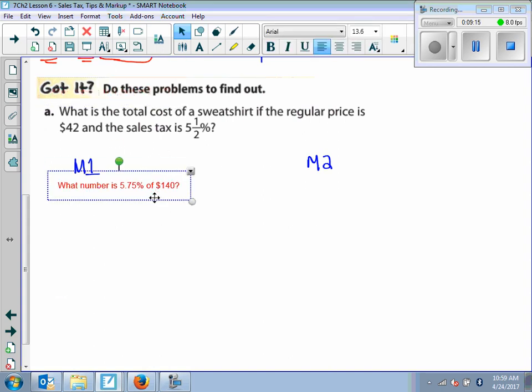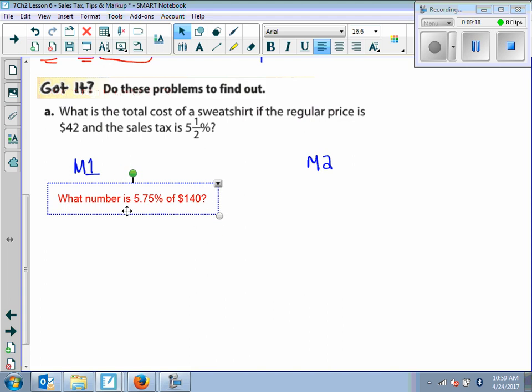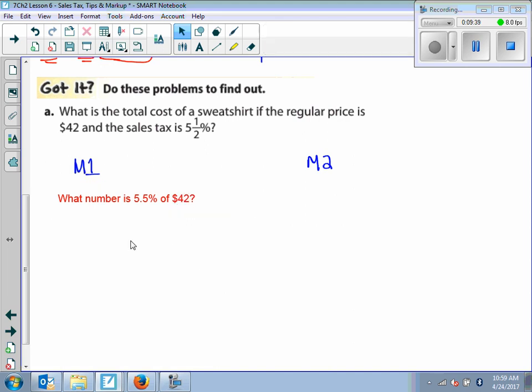So here we would have what number is, the sales tax is 5.5%, right? Can I go ahead and put this and say 5.5%? Is that all right with you guys? 5.5% of, what's the total amount? 42.